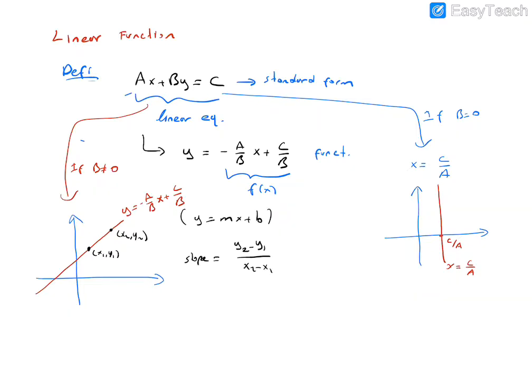For any 2 arbitrary points on the line, this quotient is constant, so it is called the slope. Generally, we denote it by m.